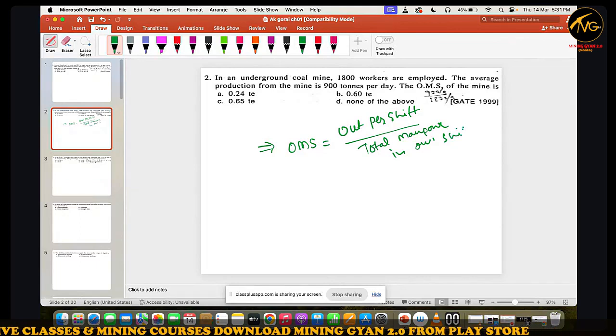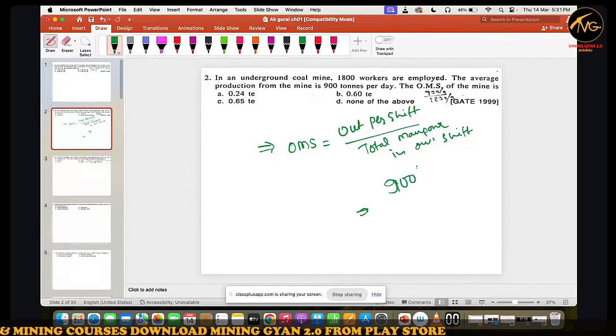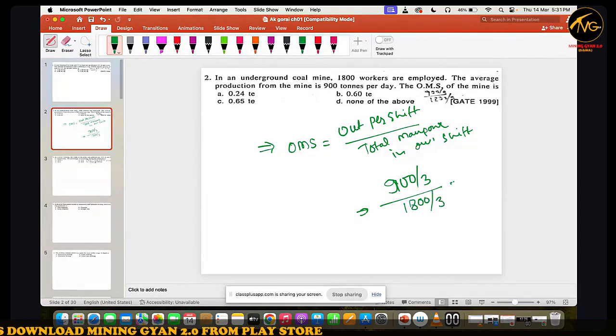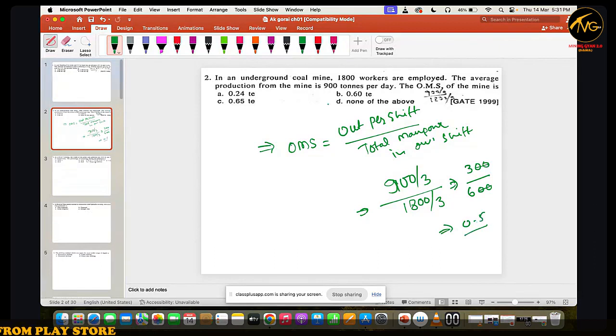So output per shift is 900 divided by 3, and total manpower is 800 total per shift 3. So it will come as 0.5, which is not in the answer.